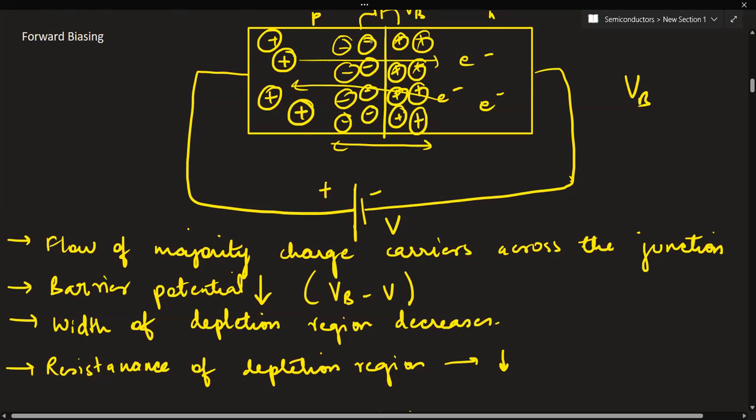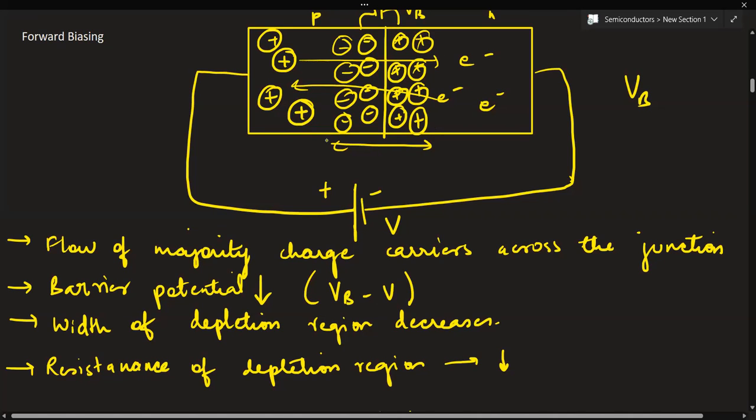A negative ion gets created because of the vacancy of the hole. Similarly, electrons are the majority charge carriers in case of N. When electrons move from N to P, positive ions are created because of the vacancy of the electron. So because more majority charge carriers are getting interchanged, this is creating more of the negative part and more of the positive part.